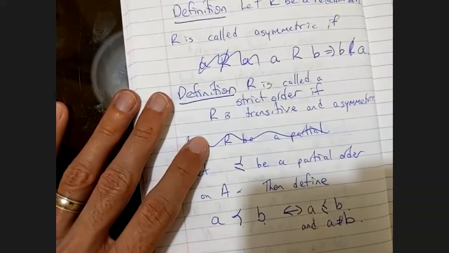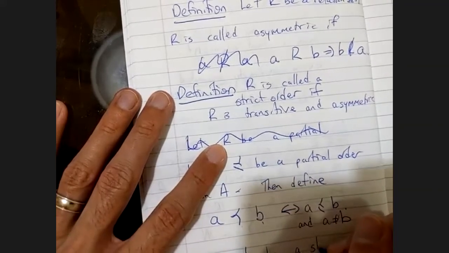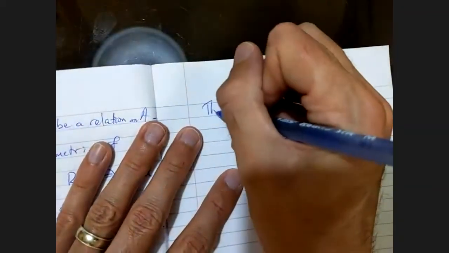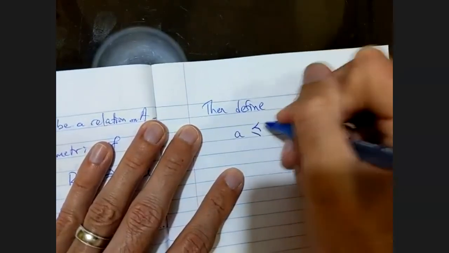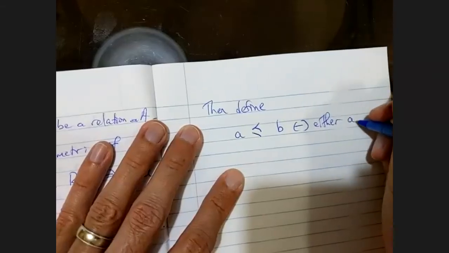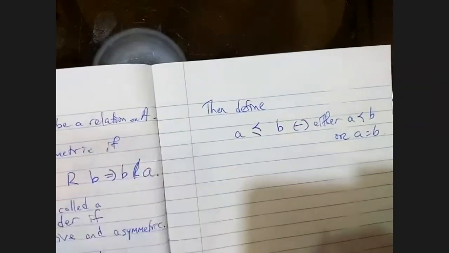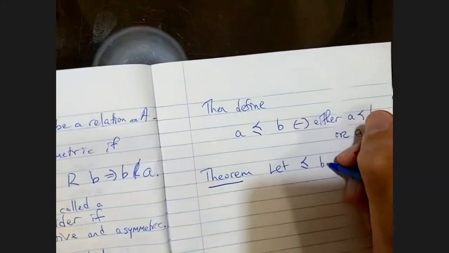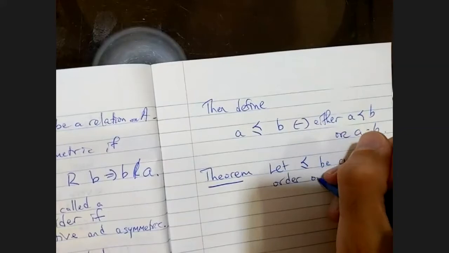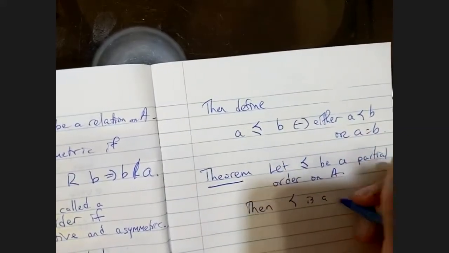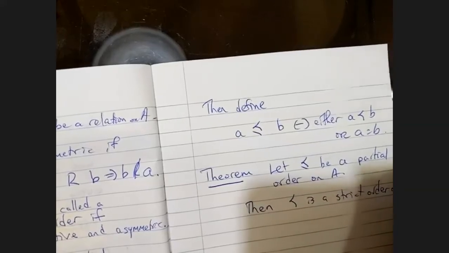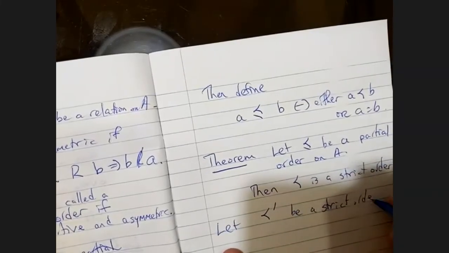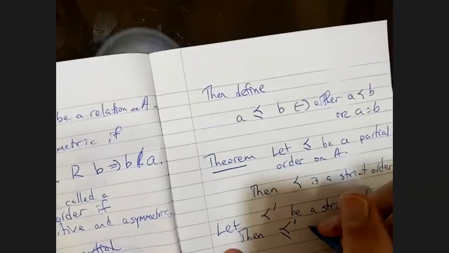And you can do the same thing to get from a strict order to a partial order. Take a strict order on A. Then you can define A less than or equal to B if and only if either A is strictly less than B or A equals B. Then we have a theorem that says: let less than or equal to be a partial order on A, then strictly less than is a strict order on A. And let strictly less than prime be a strict order, then less than or equal to prime is a partial order.